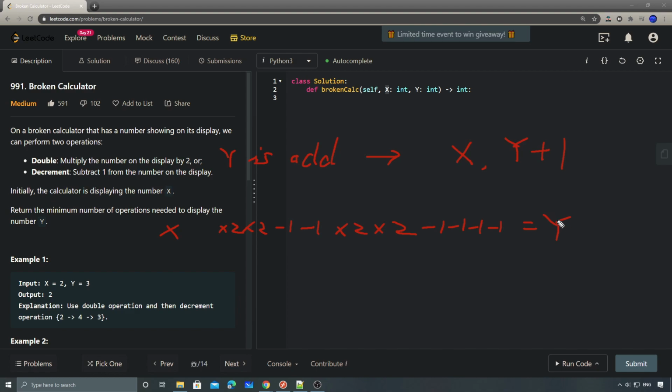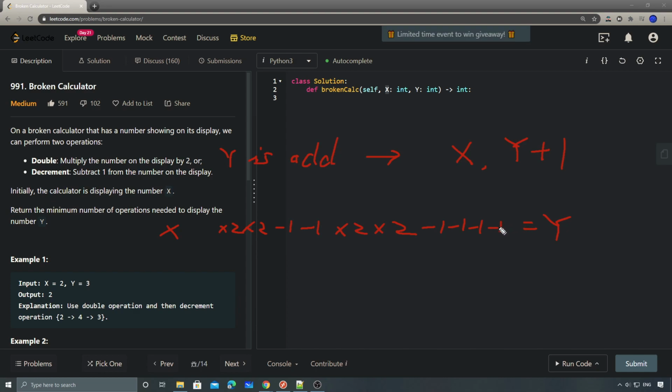Let's say y is odd. It means that the last step has to be a decrease, a subtract. So what was the previous step before this last step?